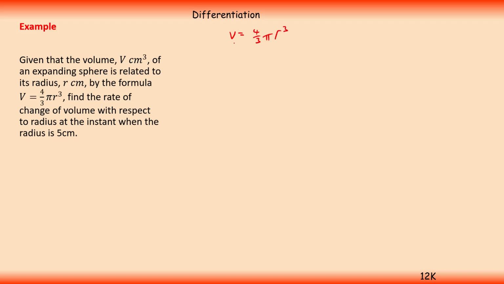We've got to differentiate this function with respect to r. So dV over dr is equal to 4 over 3 times 3 pi r squared. If we simplify that, we get 4 pi r squared.